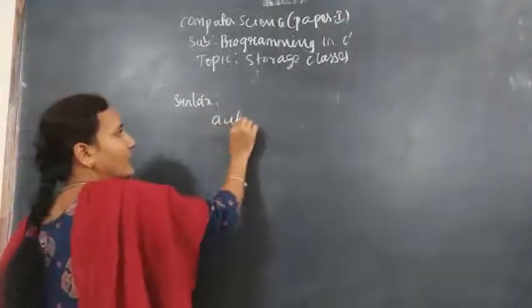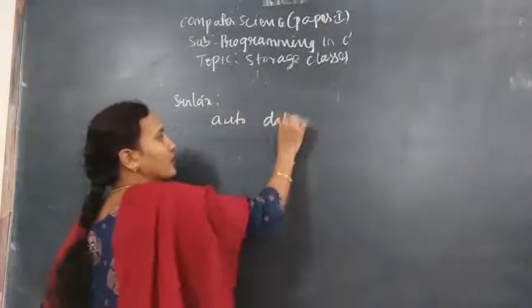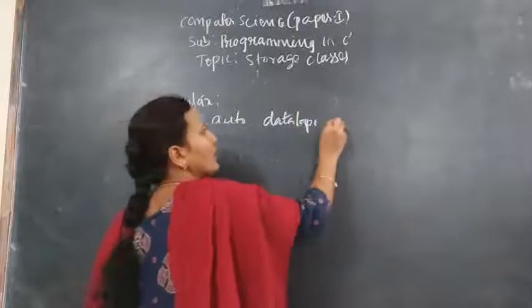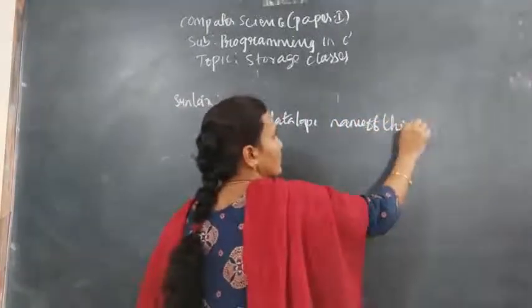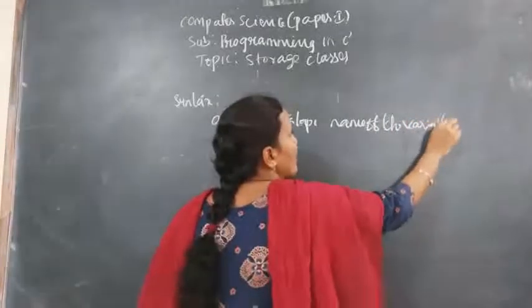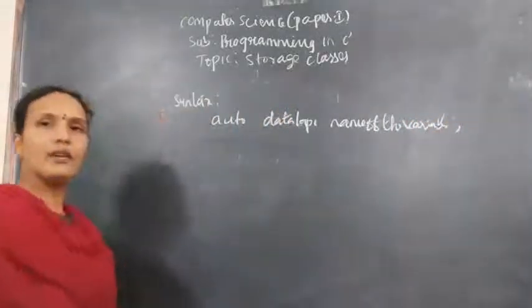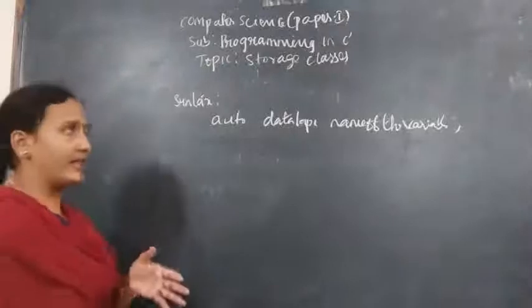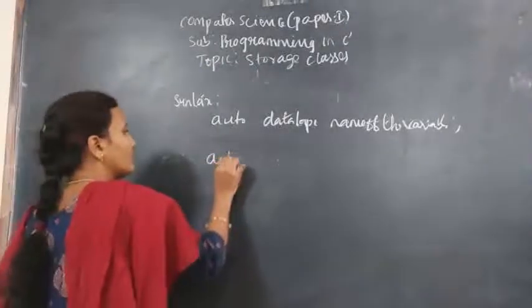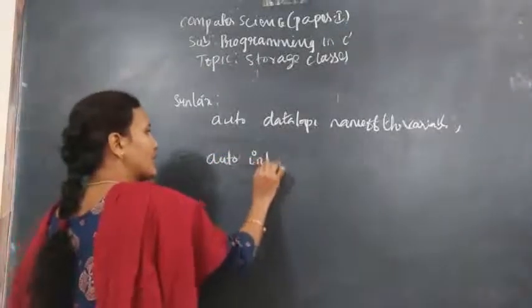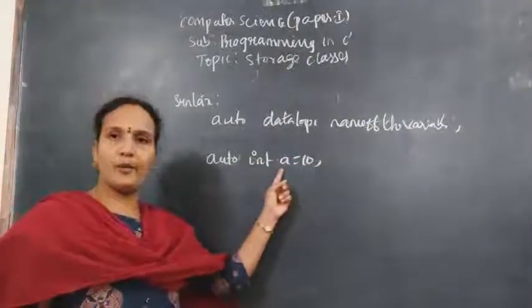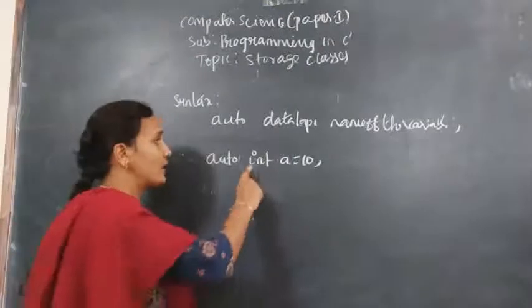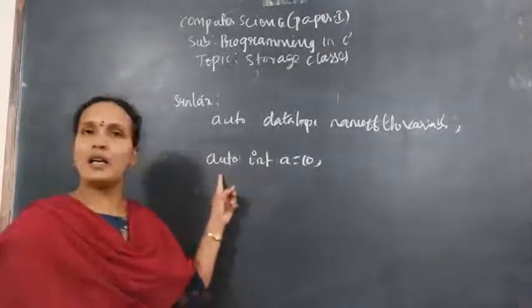Auto is a keyword, then data type, then name of the variable. Okay, this is the syntax. Now we'll implement this syntax in the same example: this is the name of the variable, this is the data type, and this is the auto keyword.